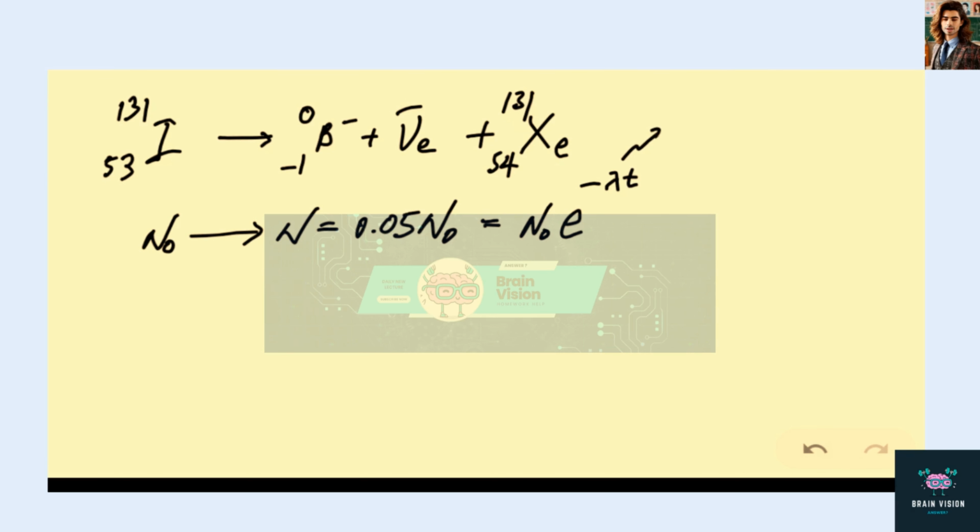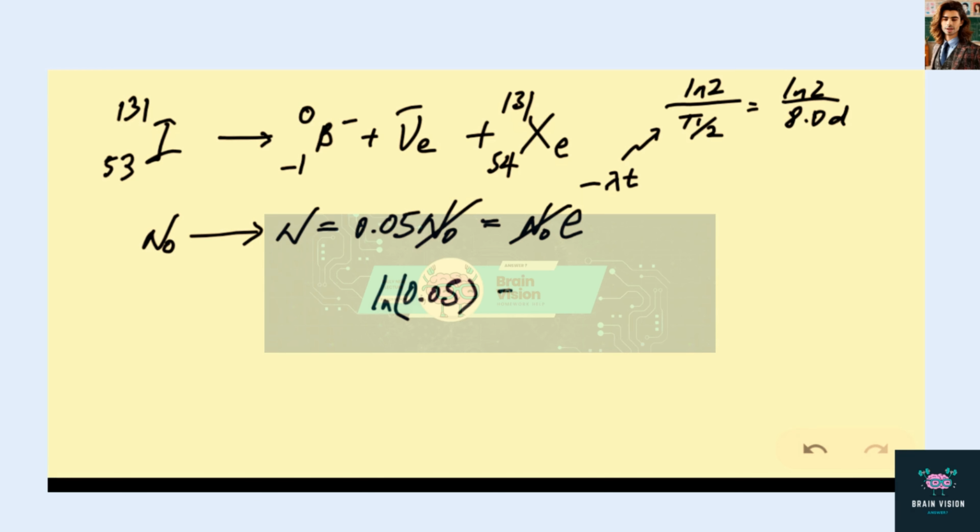Lambda is the decay constant, which is given as ln 2 over t half, where t half we are given to be 8 days. So ln 2 over 8 days. All we need to do is we cancel away N0 from both sides of the equation. Then we take the natural log of both sides.